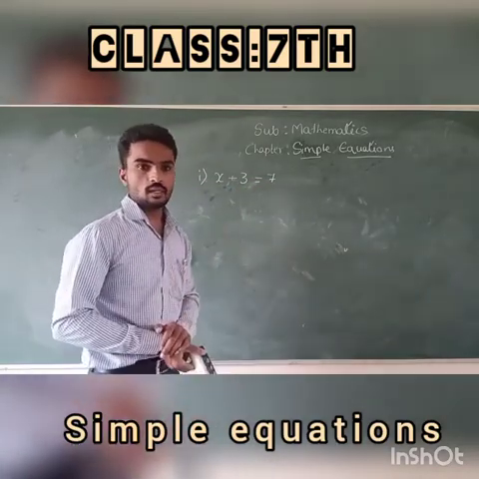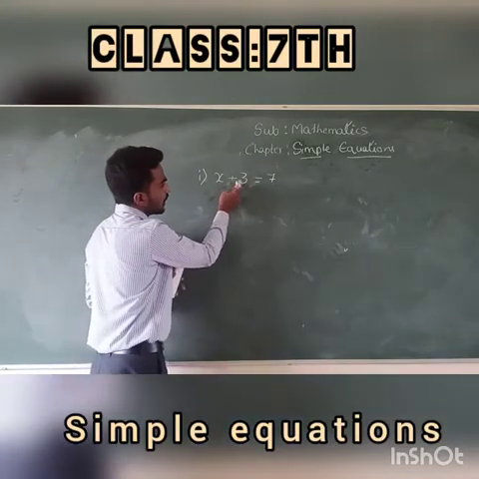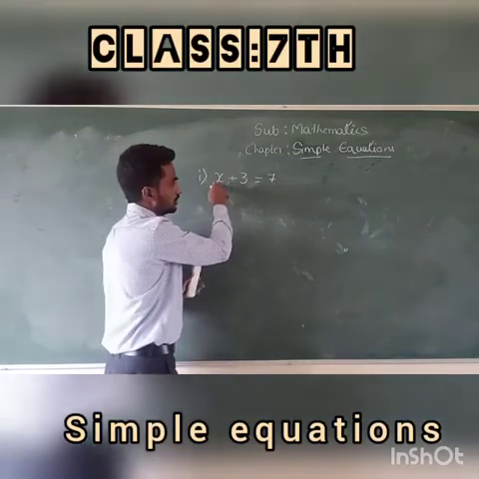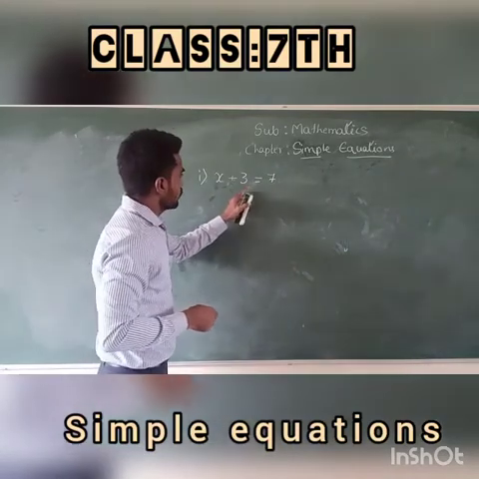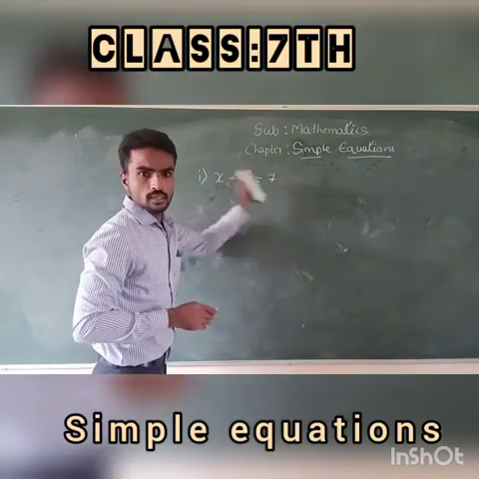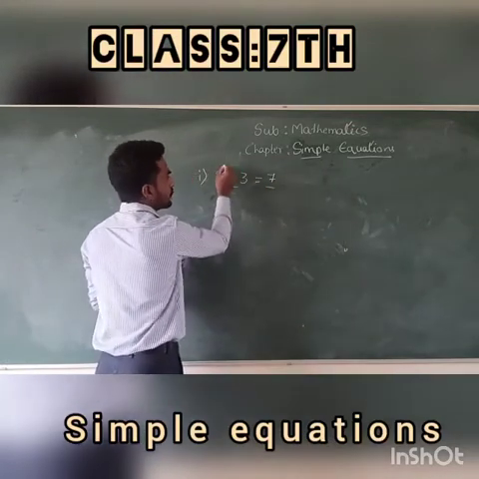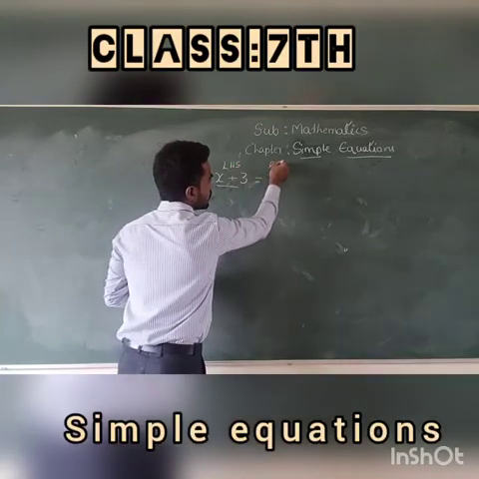Just recall that here plus 3 is added to this variable x. Now we subtract this 3 from both sides. This is the algebraic equation. This is the left hand side, LHS. This is the RHS.